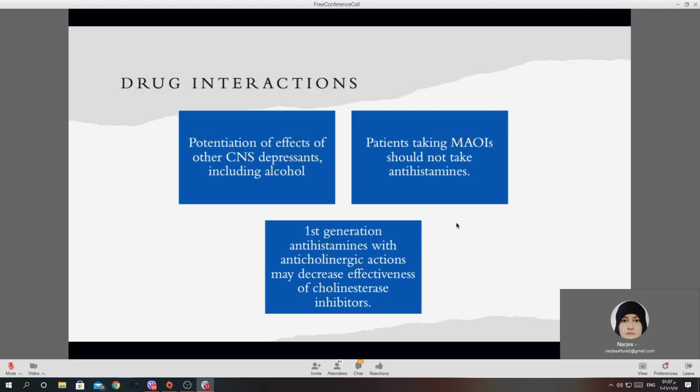Also, patients who take monoamine oxidase inhibitors cannot take antihistamines due to the effect. And concomitant use with anticholinergics might decrease the effects of cholinesterase inhibitors.